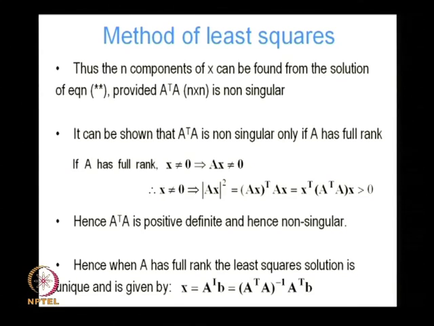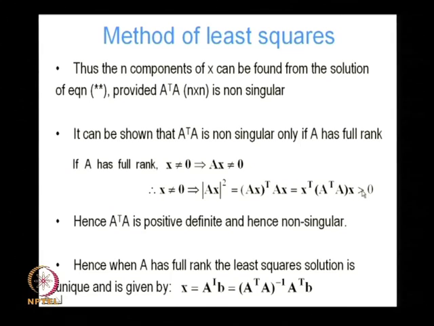Hence, x not equal to 0 implies norm of A x square, since A x is not equal to 0, must be greater than 0, and norm of A x square, if I think of this as a vector, is nothing but that vector transpose multiplied by itself. So, x transpose A transpose A x must be greater than 0.